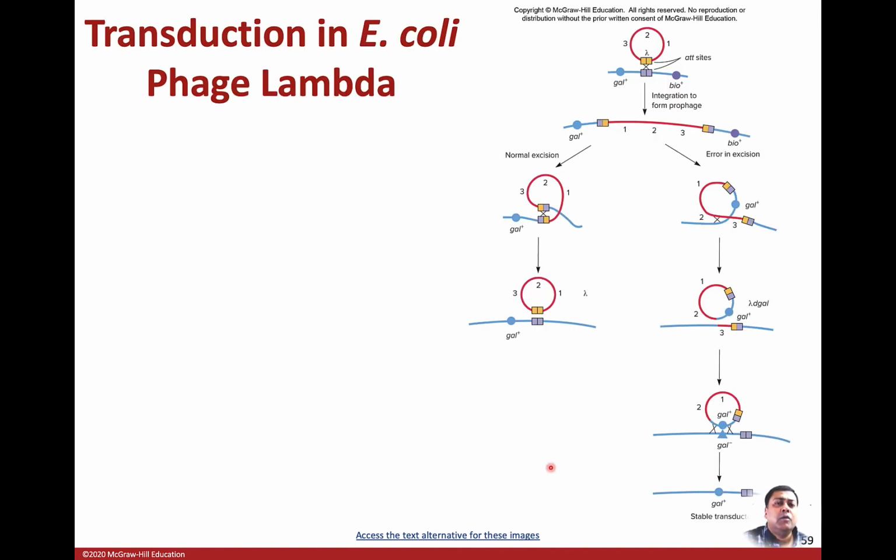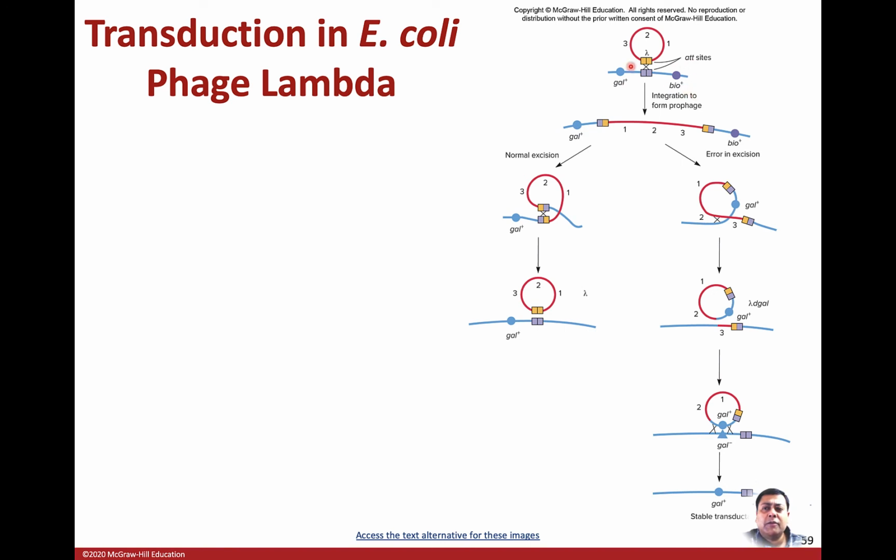So here we are looking at a transduction in E. coli with this phage lambda. And phage lambda has a specific sequence, which is called the attachment sites, or att sequences. So these att sequences are recombination sequences. So in E. coli, we have these genes, which are, say, gal, for galactose, and bio plus for the biotin.